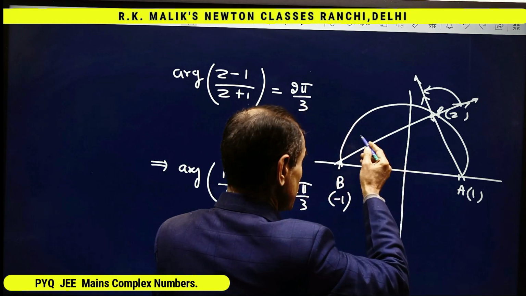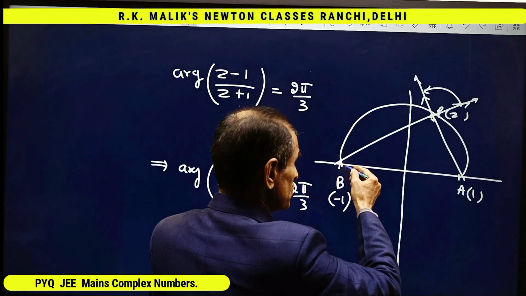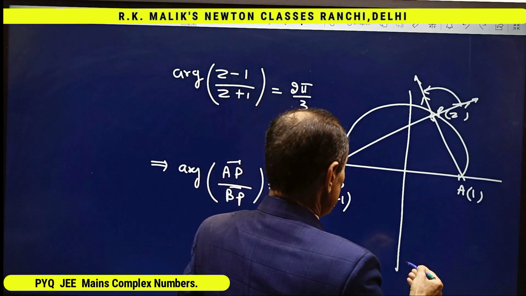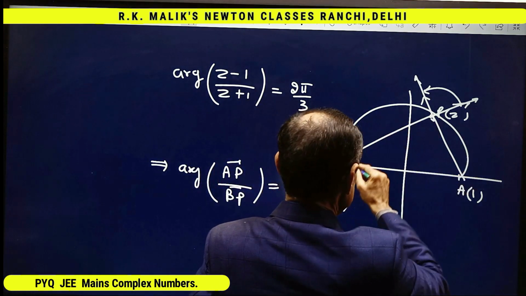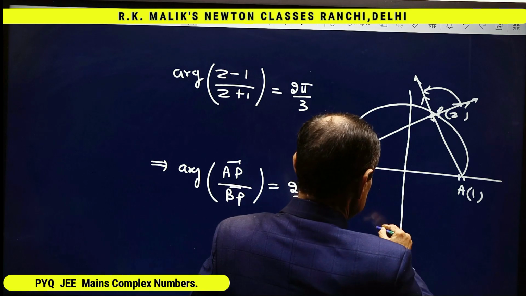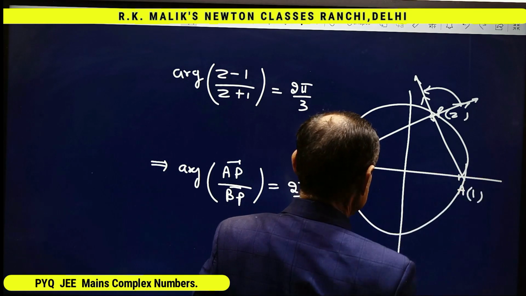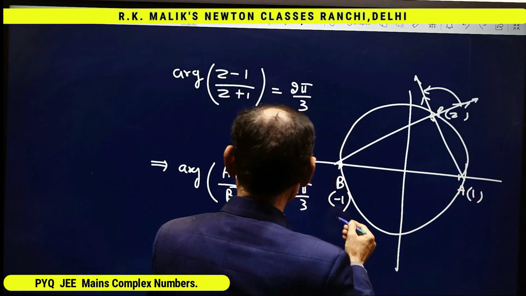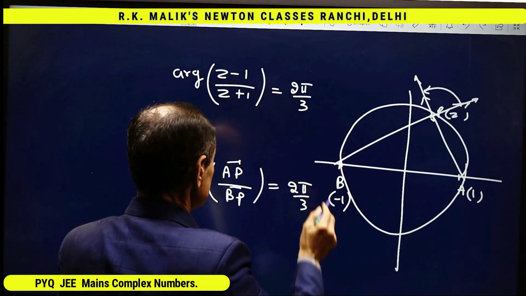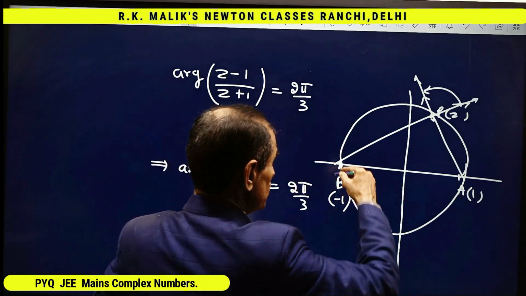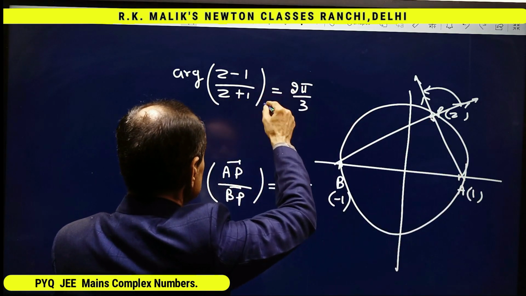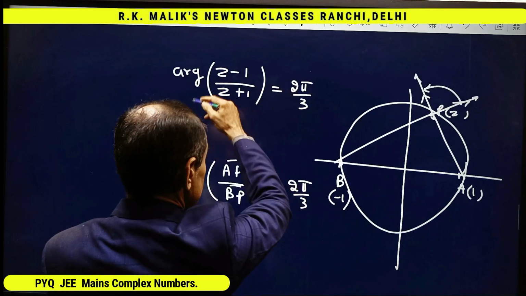And that will not be a complete circle, because 2 pi by 3 angle is obtuse. Actually, this will be a part of this circle, but these points will not satisfy this equation. Only these are the points which will be considered as the solution of this equation.